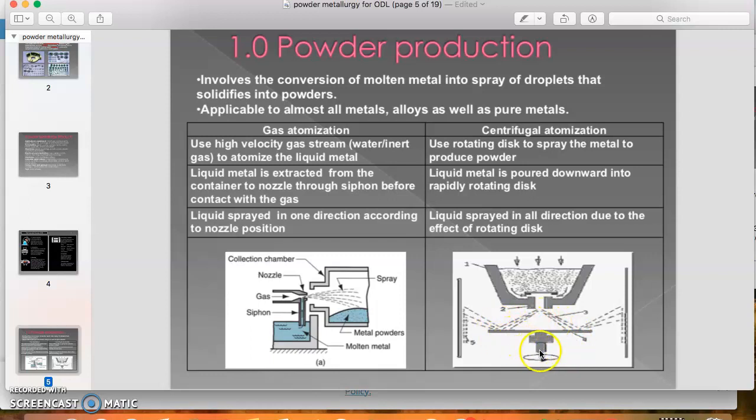We rotate it at a very high speed, and then the molten metal will be sprayed outward, and it will impact the wall, and then, exposed to the atmosphere, rapidly change its phase from liquid to solid, and go down as small particles of metal powder.